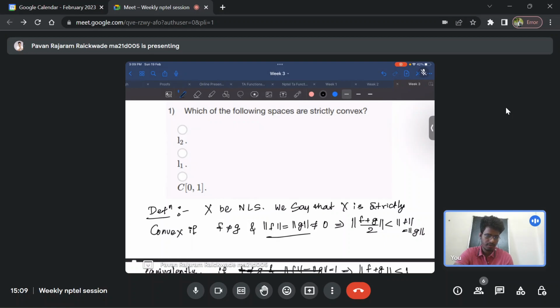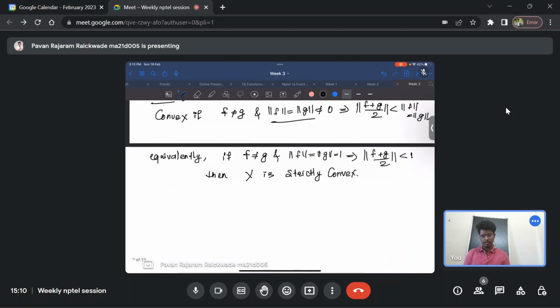First of all, L2 is an inner product space. We have an inner product, so it's a Hilbert space with that inner product. So we have something very particular to an inner product space, which is the parallelogram law. We will use that here.